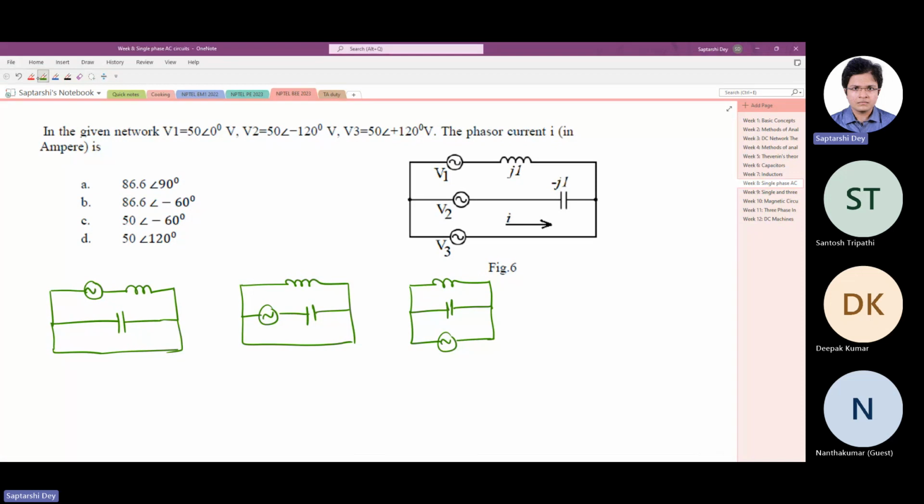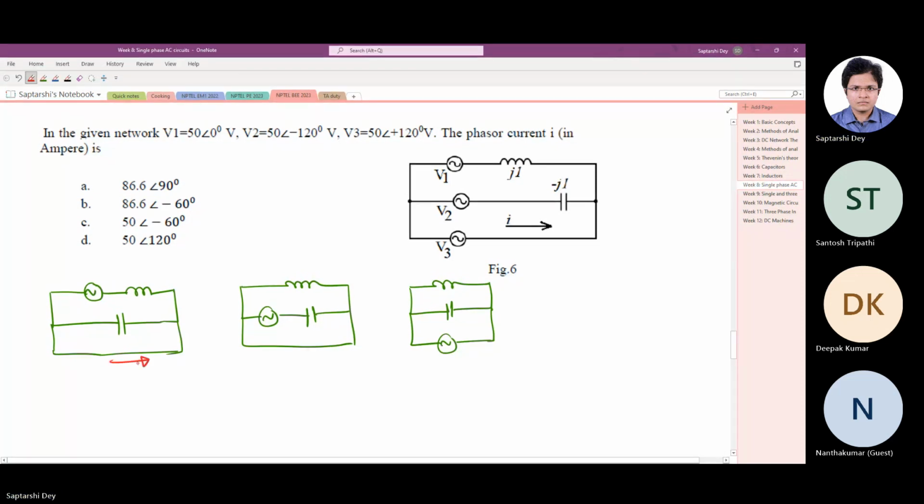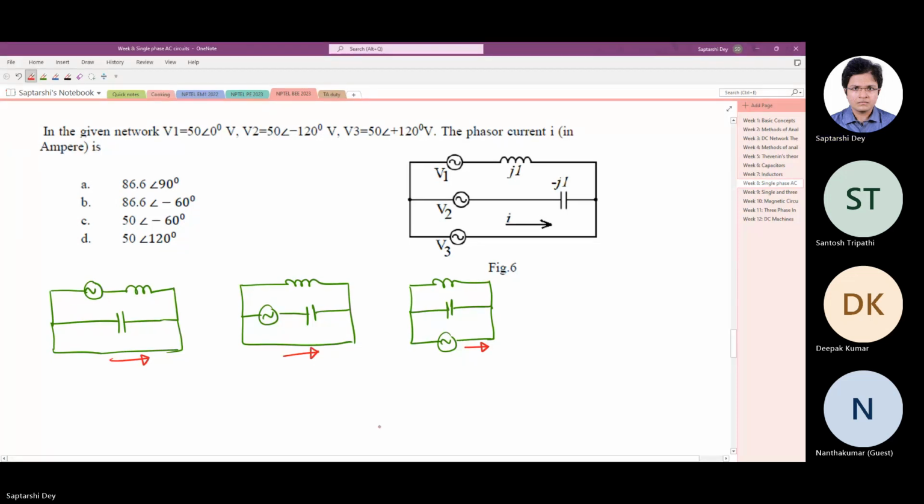And in all the cases, we will find the current through this branch, and we'll add them up, right? Now, if you look at the first two circuits, it's very easy to find the current.